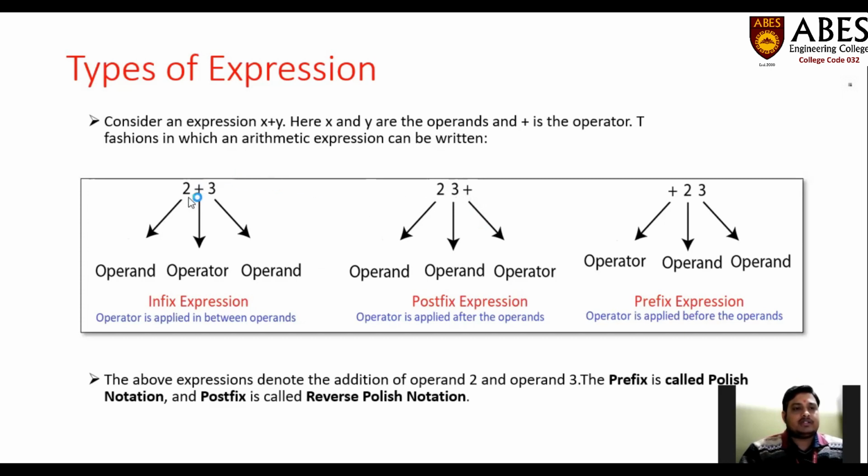If the operator is in between, that is called infix. If the operator is last, that is called postfix. And if we put the operator before the operands of the expression, this is called prefix expression. The last one you can see is prefix.